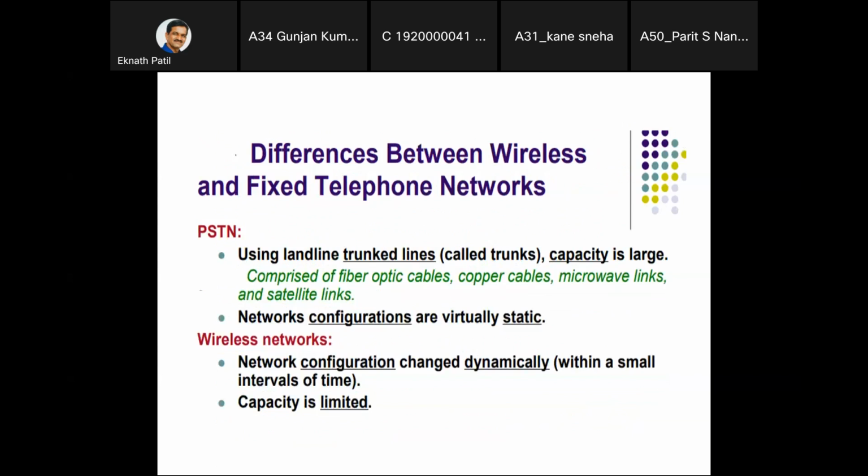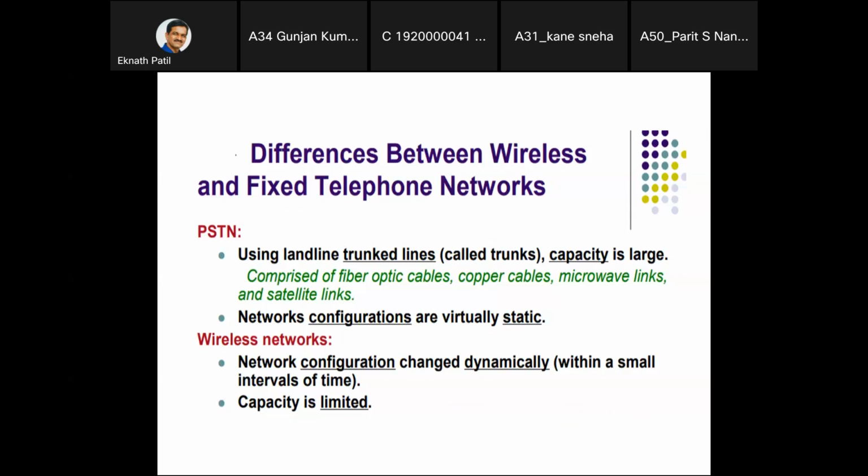Trunks are a bunch of copper wires, and the capacity is large. It is comprised of fiber optic cables, copper cables, microwave links, and satellite links. These are the things used to communicate from one PSTN center to another PSTN center.